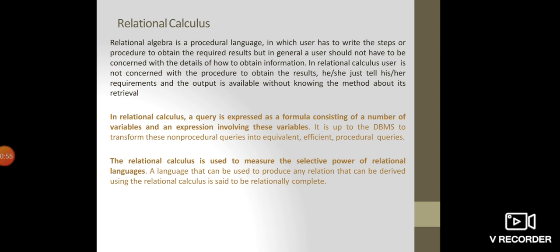Okay, this is one advantage here. The relational calculus is used to measure the selective power of relational languages. A language that can be used to produce any relation that can be derived using relational calculus is said to be relationally complete. You're going to specify the relation and then you're going to perform the operations. That is actually relational calculus.